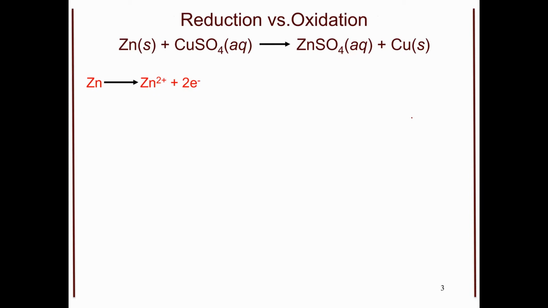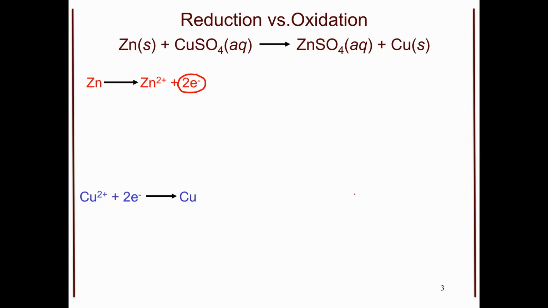Let us look specifically at the zinc. If we have our zinc solid, we are going to have it in its elemental form, and its oxidation number, which we will see here in a moment, is going to be 0. In zinc sulfate, it is actually zinc 2 plus. So in order for that to happen, we are going to have lost 2 electrons. This, by definition, is going to be our oxidation.